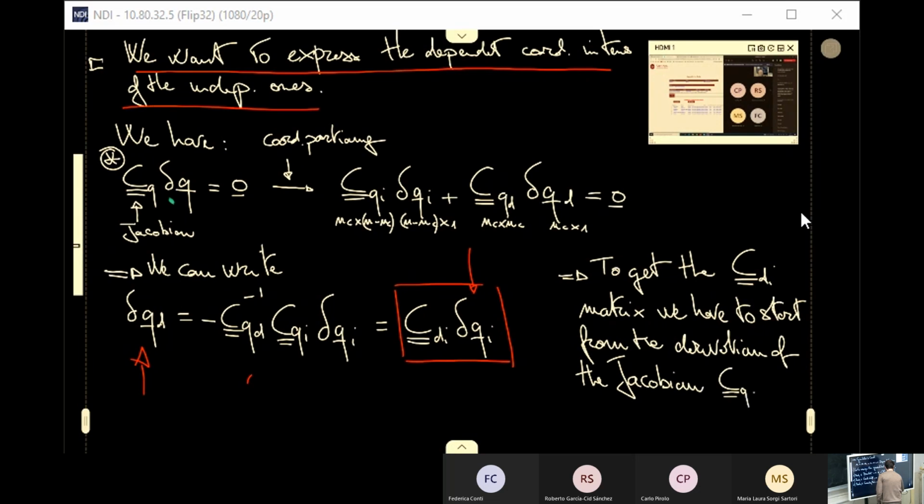This is the first step. To get the Jacobian, we have to derive, as you can see here, the constraint equation, okay?